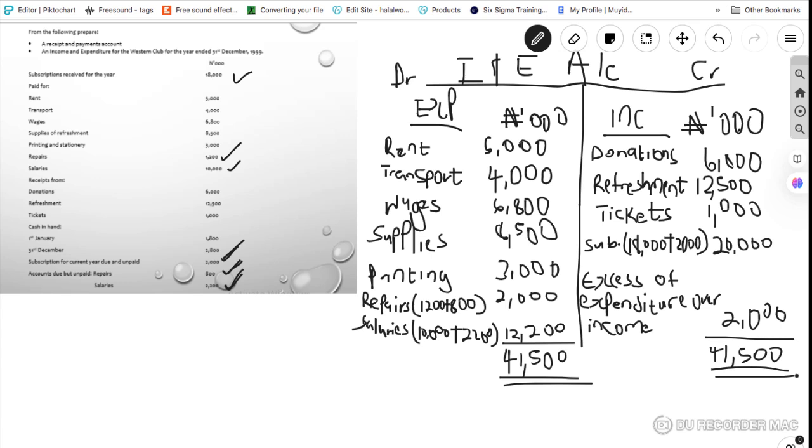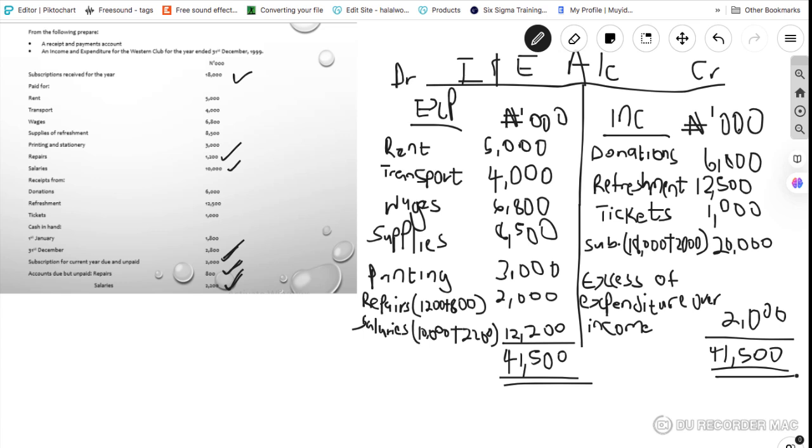Alright, so this is how to prepare your income and expenditure account. It is not difficult. All you need to understand is how to post from one account to another account.